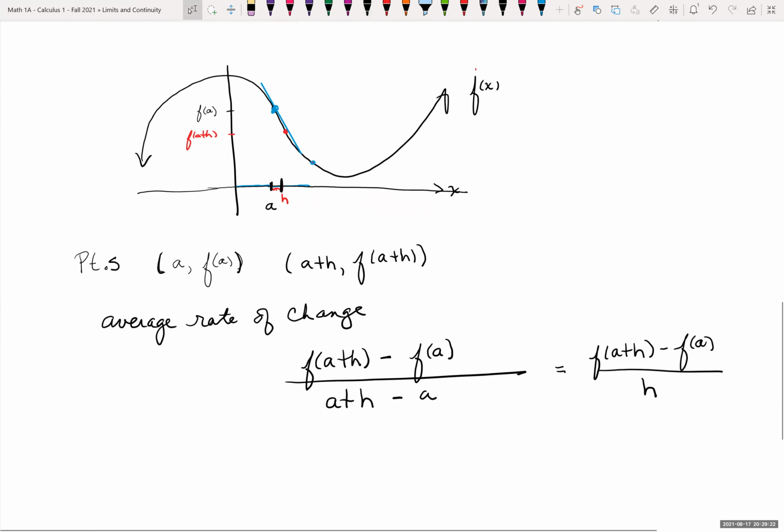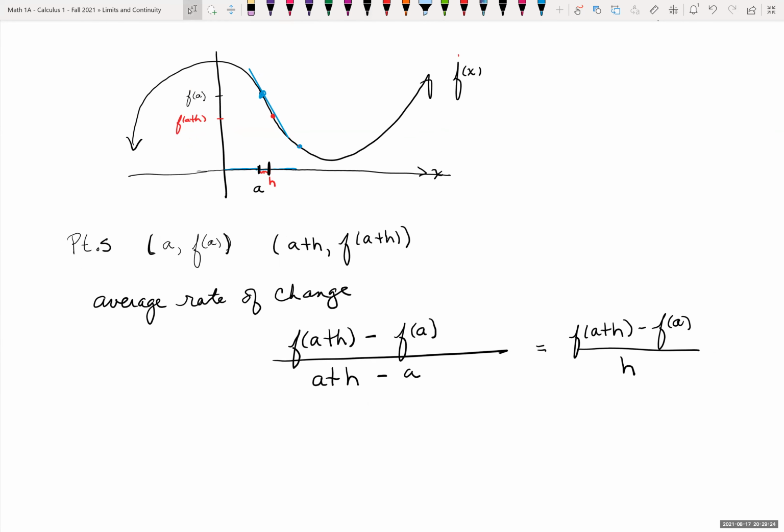And so I'm going to write this so that I'm specifying that I want that distance, that h value, to get smaller and smaller. I want that distance to be infinitesimally small. I want it so close to 0. And so we're going to write this as lim, and then underneath, you're going to see an h with an arrow to 0, of the following.